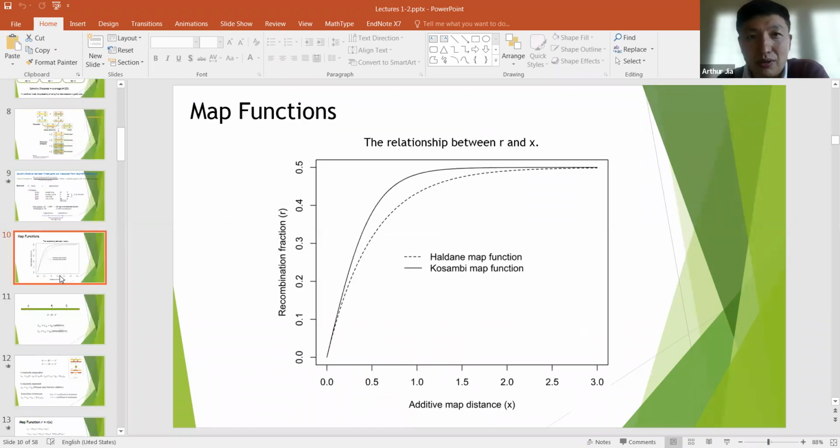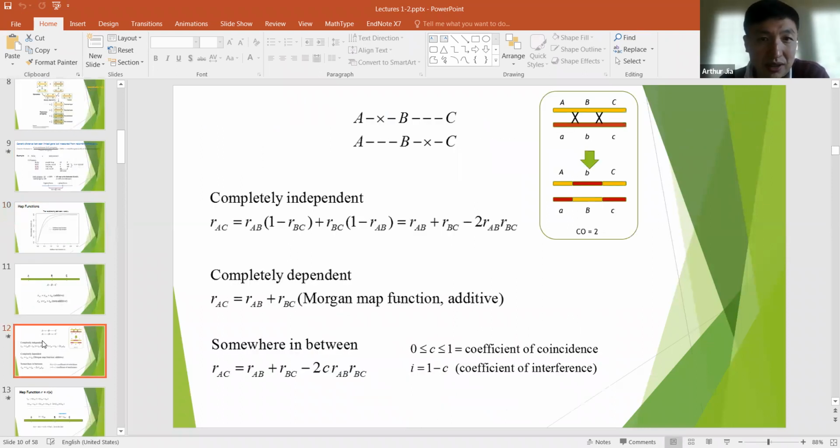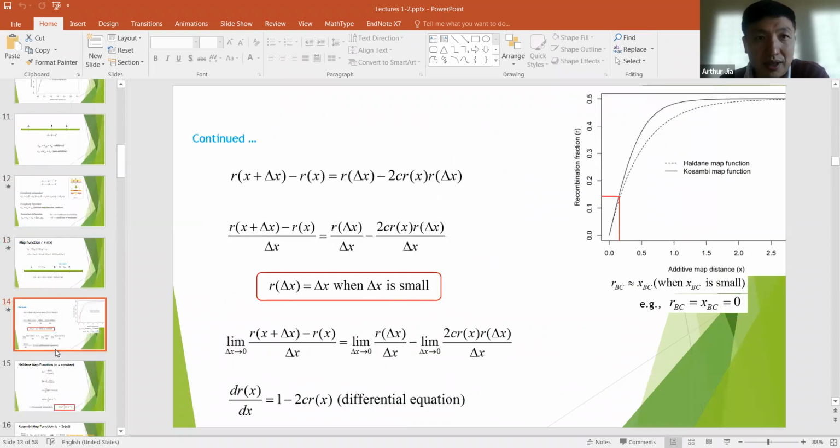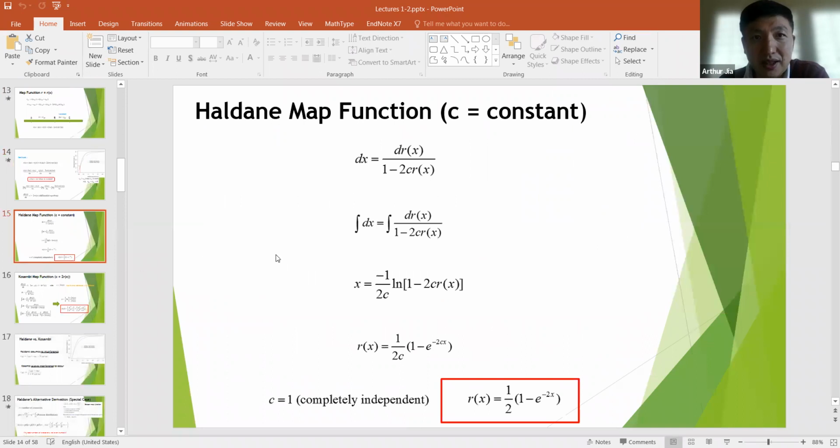And we need to know the map functions. We have two. So we talked about two versions of the map function, right? One is the Haldane, which is like this, and in the Haldane map function, the C, which is the coefficient of coincidence, something related to the interference coefficient, right?